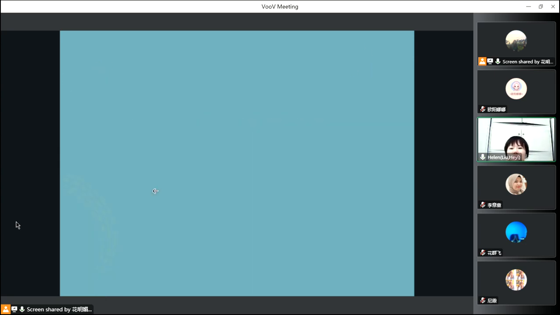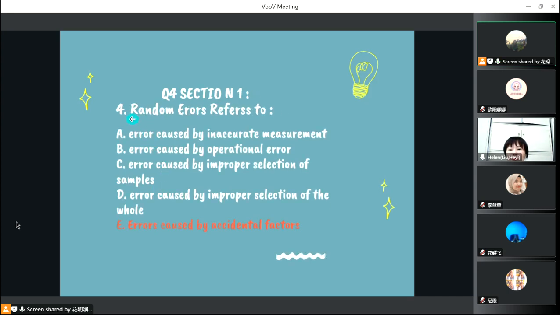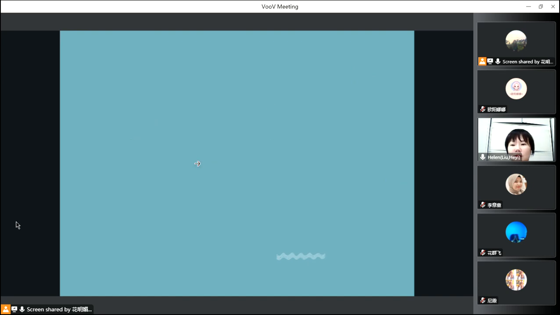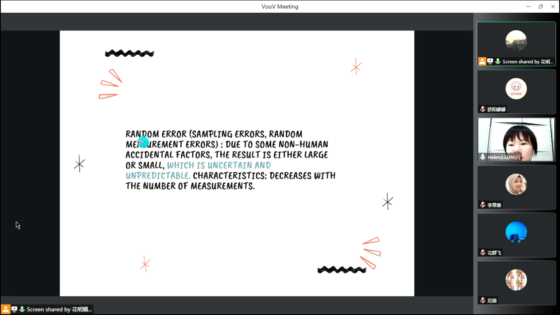So we move on to the fourth one. The fourth one is, random errors refers to. So we have to know what random error is. Random errors are divided into two types. First one is sampling errors, and the second one is random measurement errors.